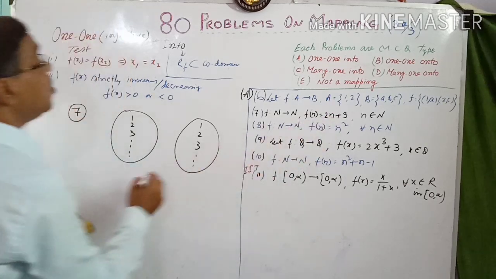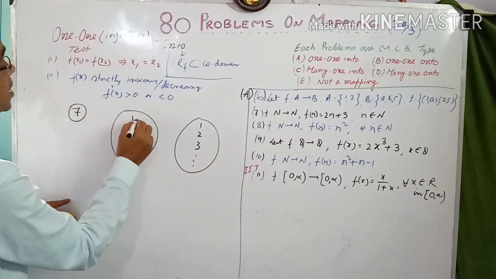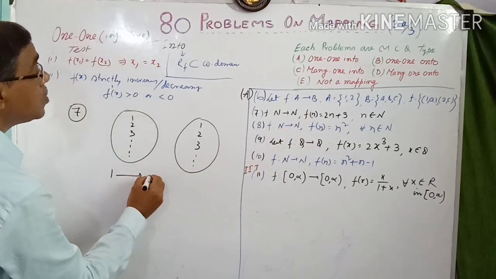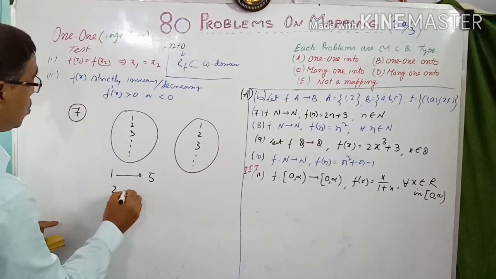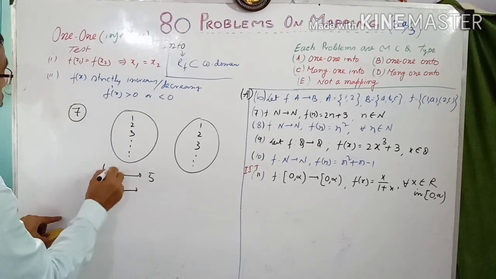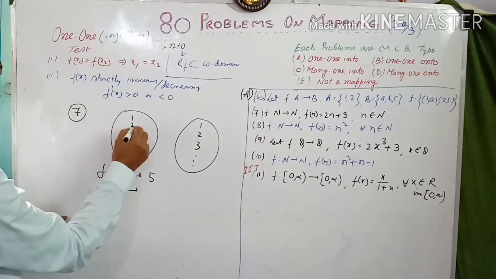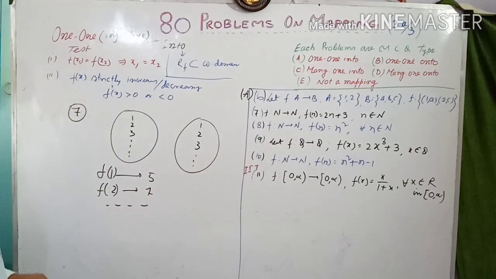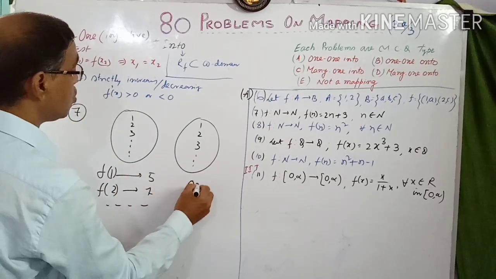Here, 1 gives 5, so f of 1, f of 2 have the images 7 and so on. So it is also 1-1.